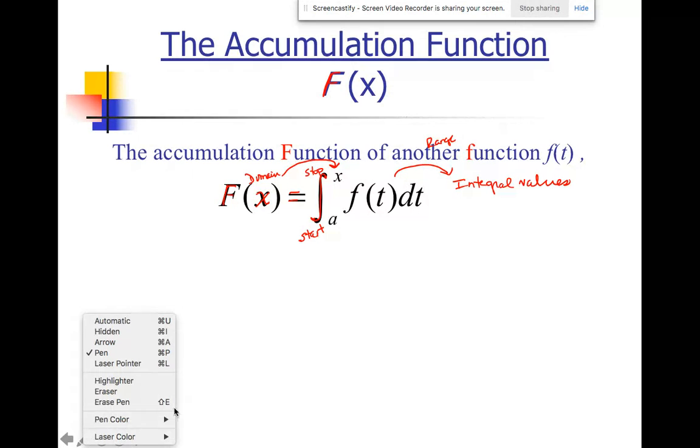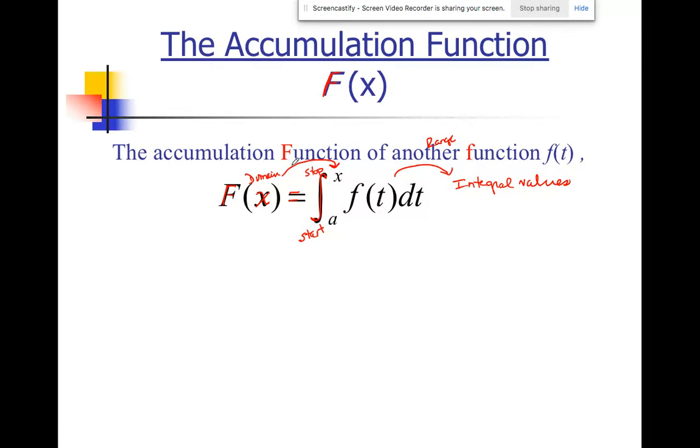Functions: input, domain, in, do something, and get out values. Domain in, range out. What's going in this time is an upper limit of integration, your stop place. What comes out is what was the integral value when you stopped at 2. What was the integral value when you stopped at 5? That is the accumulation function.